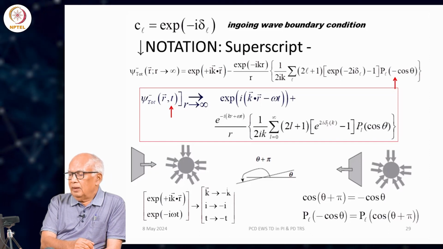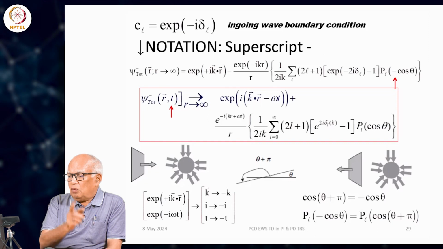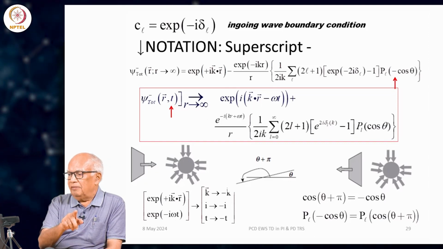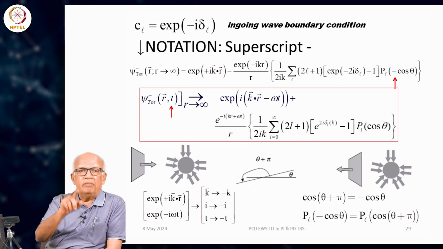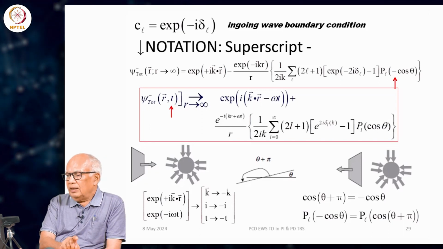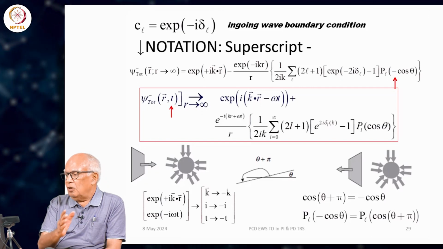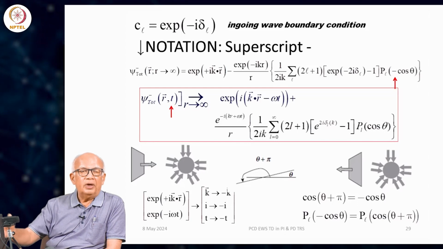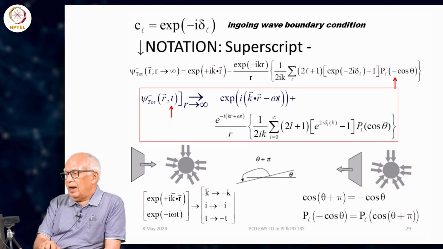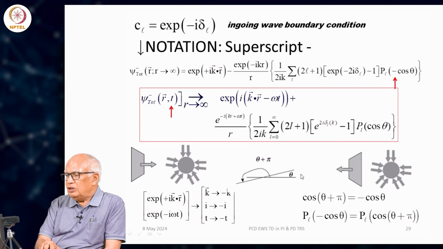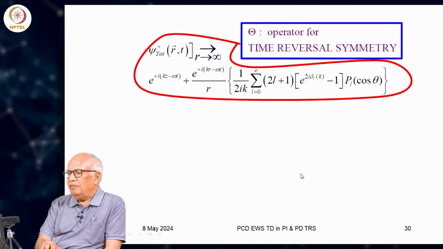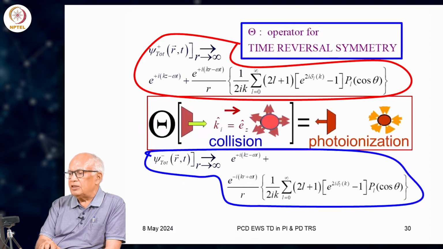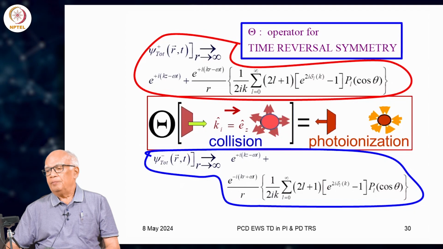So, what was your theta goes to theta plus pi, and then you have cosine of theta plus pi equal to minus cosine theta, and the Legendre polynomial of minus cos theta becomes PL of cosine theta plus pi. So, you need to carry these terms carefully, and now with reference to this picture you have the complete description of the photoionization process as a time reversed collision.